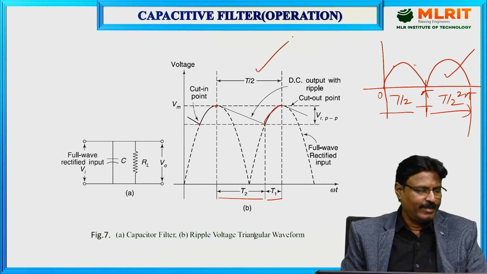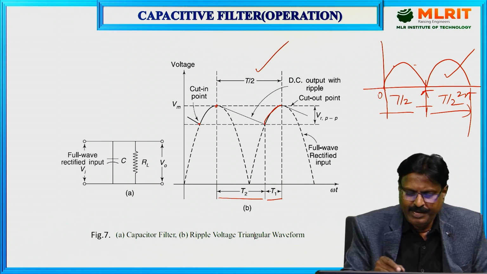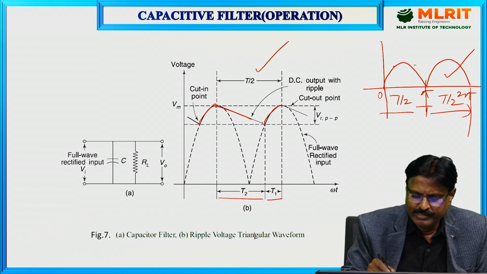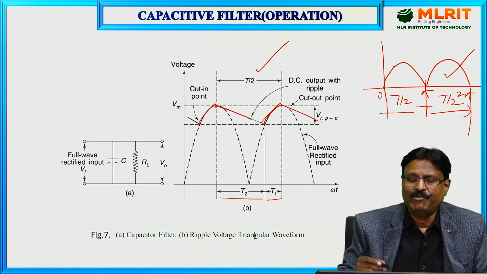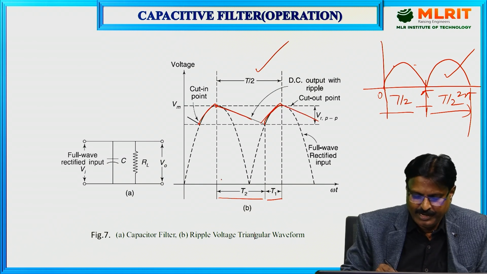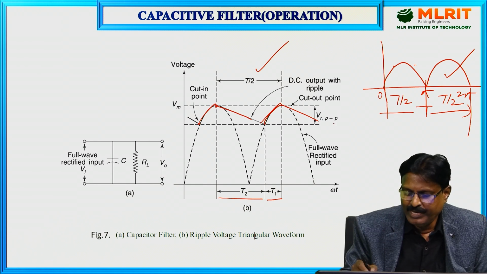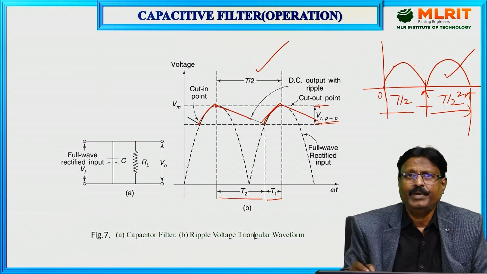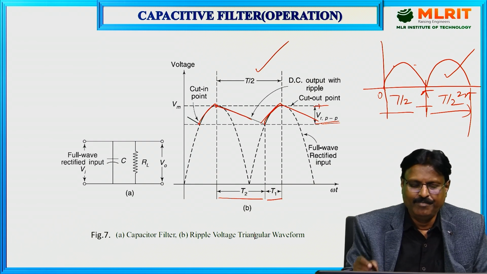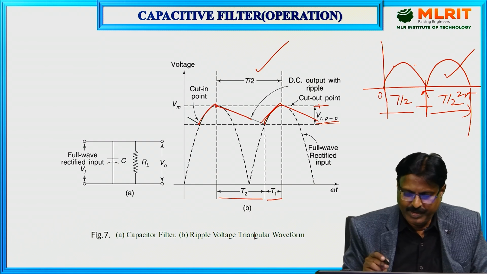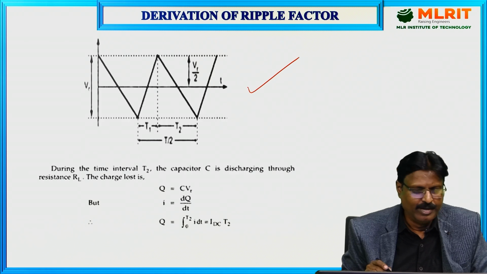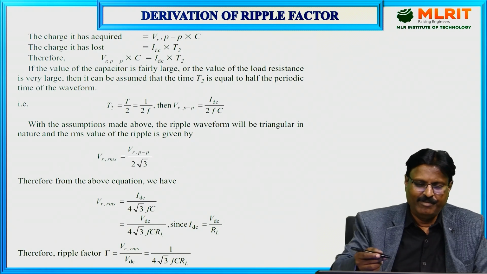Here, a triangular waveform is developed in a DC shifted manner. I am calling this VR peak to peak, from here to here. Okay, by this given data, let us move to the derivation part.